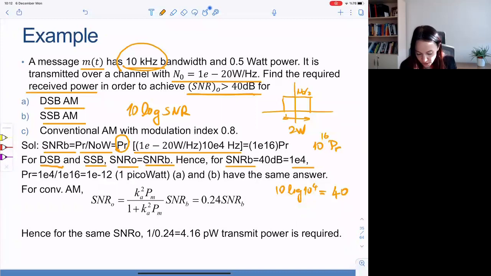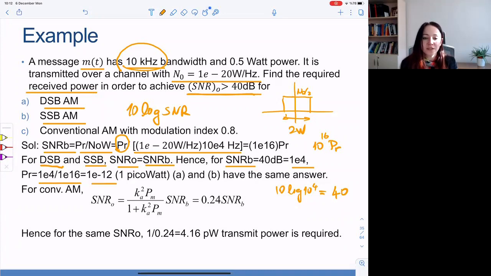Okay, so now what did we find? We found that 10 to the 16 times P_R should be equal to 10 to the 4. So P_R is 10 to the 4 divided by 10 to the 16, 10 to the negative 12. So 1 picowatt is enough to satisfy this. So what do you think? I mean, it is surprising.